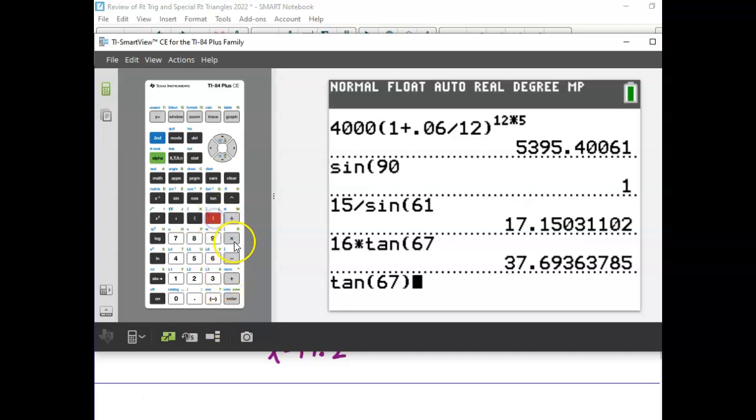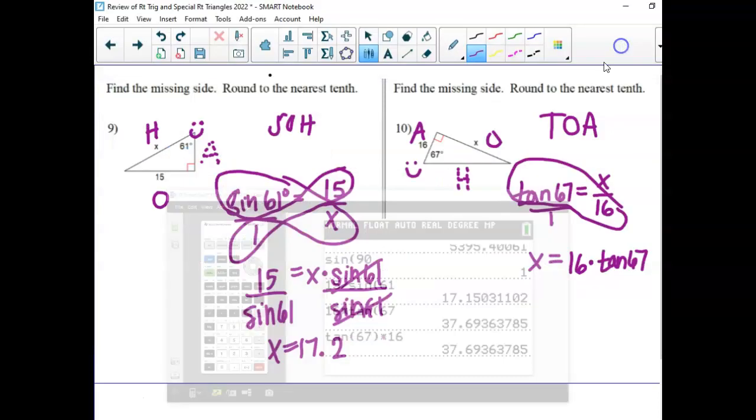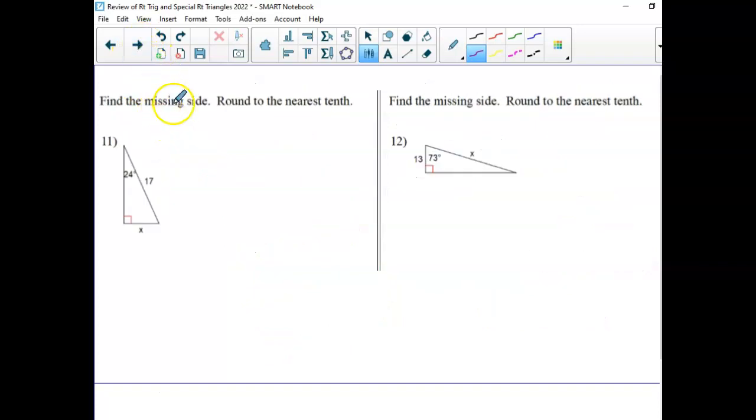You'd have to close the parenthesis or it won't do it right. By putting that closed parenthesis at the end, I'm being lazy and I don't have to actually close it, okay? Doesn't matter, same answer, but be careful. Does anybody remember what it was? 37.7? Does that look like a 3? Sorry. All right. Can you guys try these two real quick? On 11 and 12.